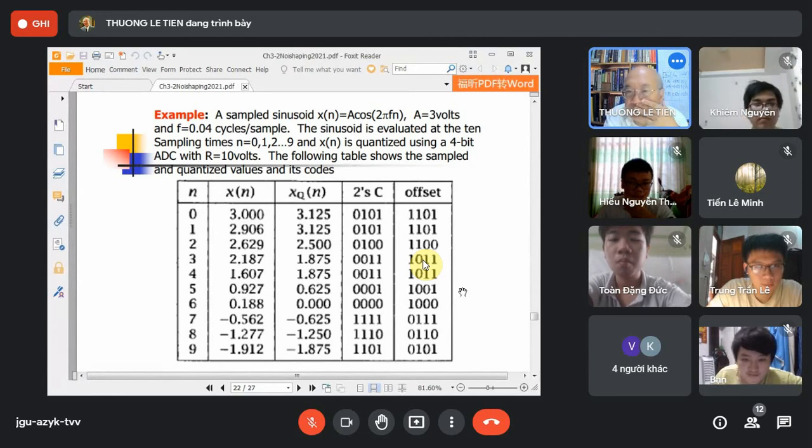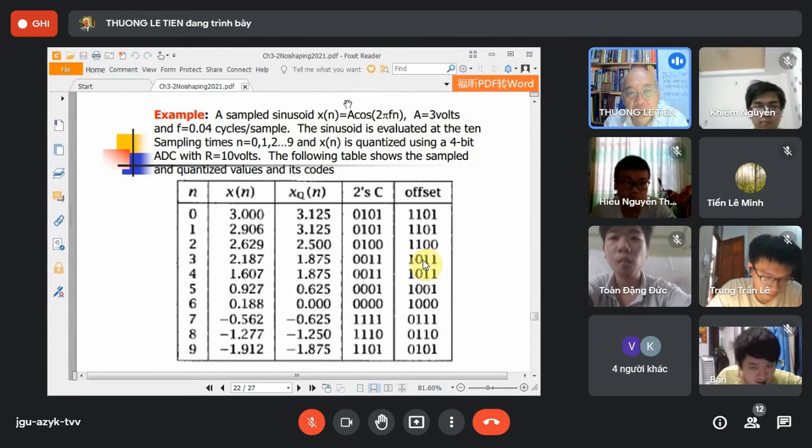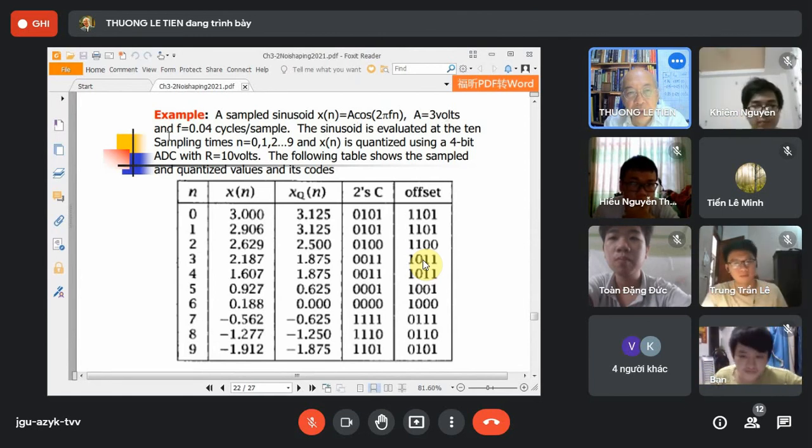It's okay, everyone? This one is a sinusoid. A is equal to 3 volts. And this one, F equal to 0.04 cycles per sample. Corresponding to how many hertz?